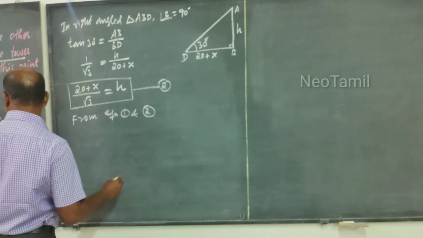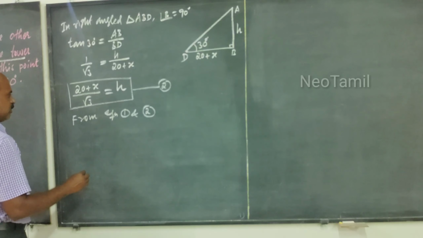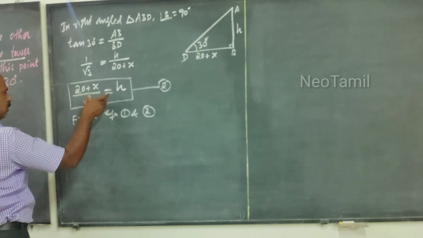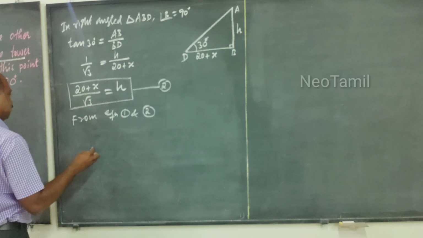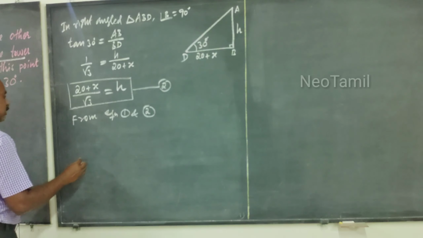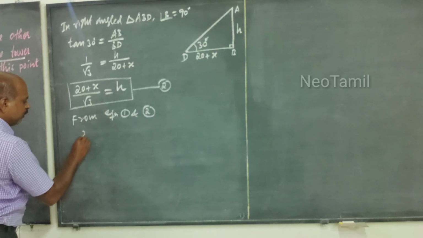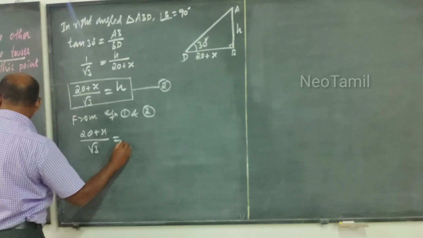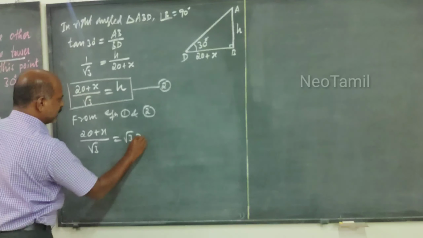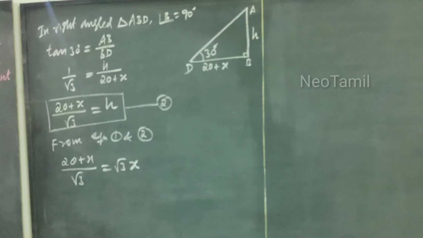In the first equation, left hand side is H, and in the second equation we have another H value. So I want to equate the H values. The H value is (20 plus x) divided by root 3, that is equal to root 3 into x.